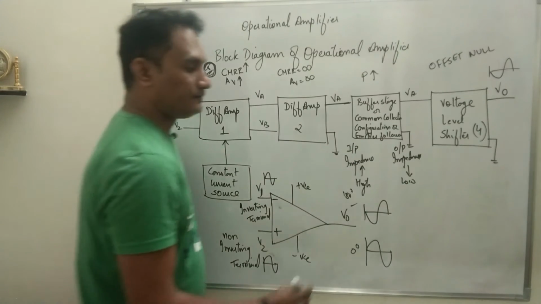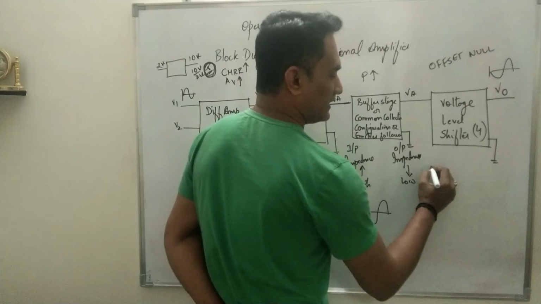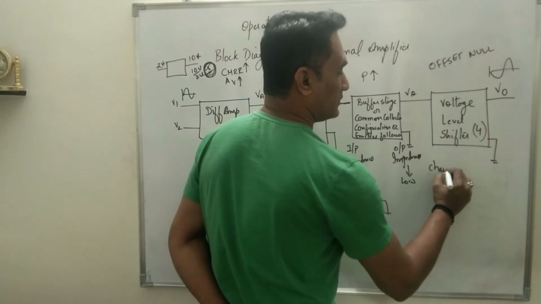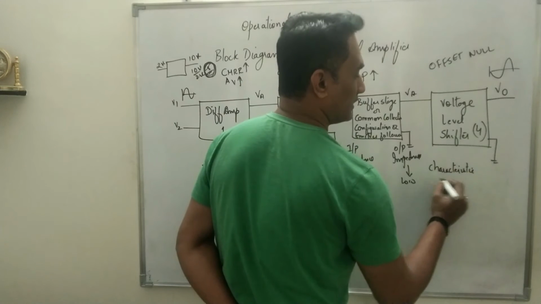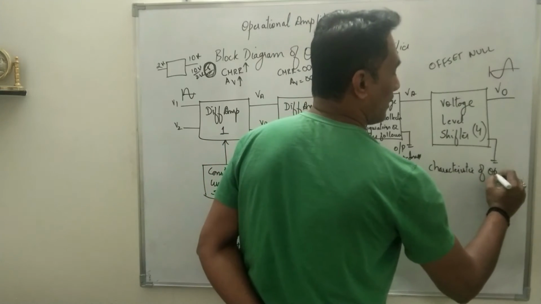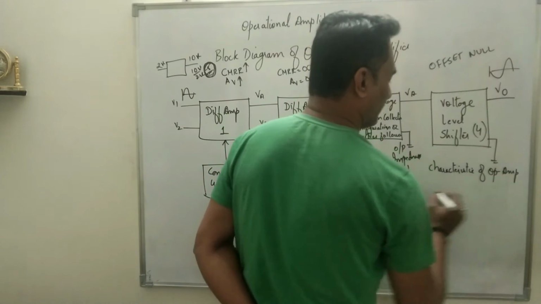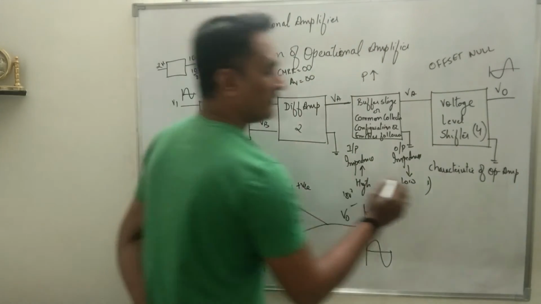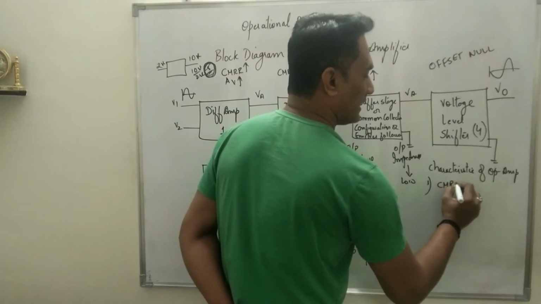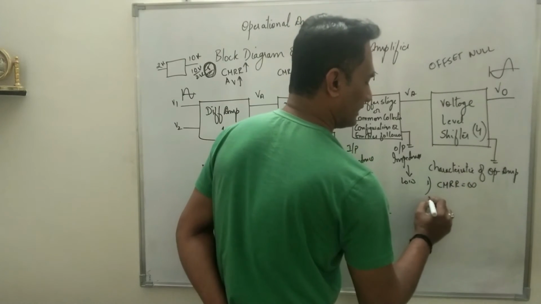Okay, now the characteristics. This question has been asked several times in your board exam. Characteristics of the operational amplifier. The first characteristic, what we can see from the block diagram itself, is that CMRR is infinite.